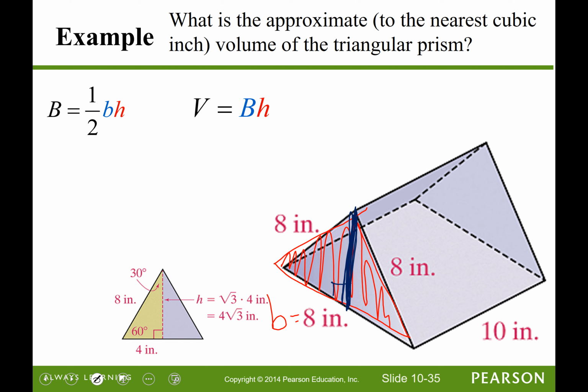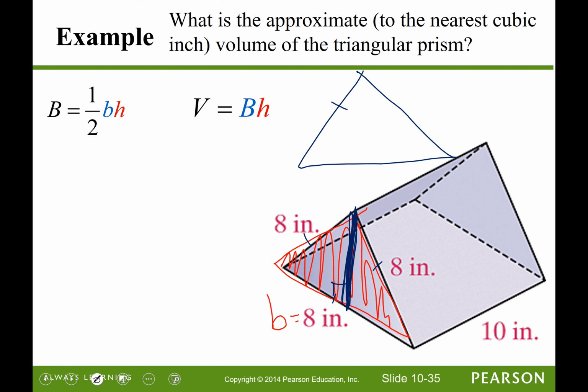We can find that height by breaking this down into special triangles. We know that this is an equilateral triangle, which means that it is also equiangular, which means that its angle measures are all 60 degrees. So when we cut it with that altitude in half like this, we end up with a 30-60-90 degree special triangle.